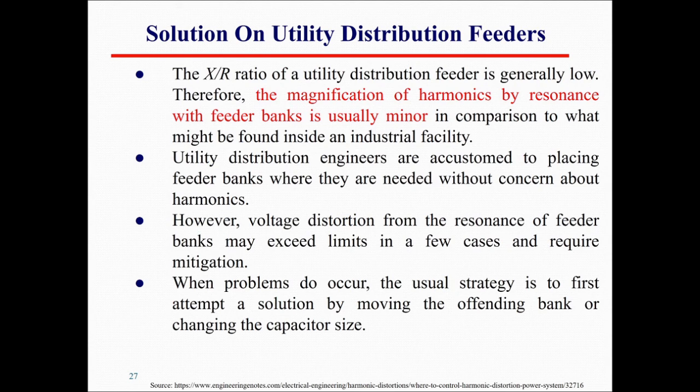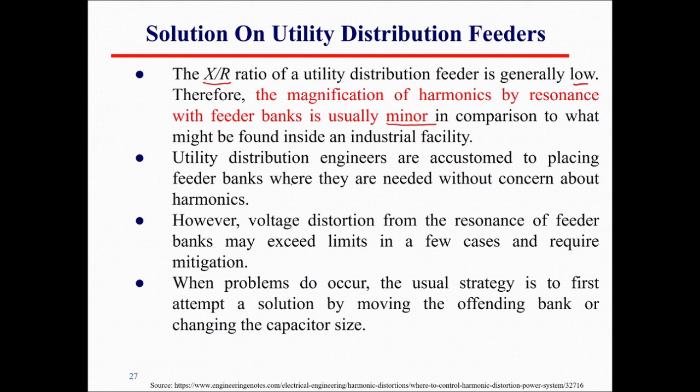For the utility distribution feeder, normally the value of R is high, therefore the X over R ratio will be low. Therefore, magnification of harmonics by resonance will be minor in comparison to what might be found inside an industrial facility.